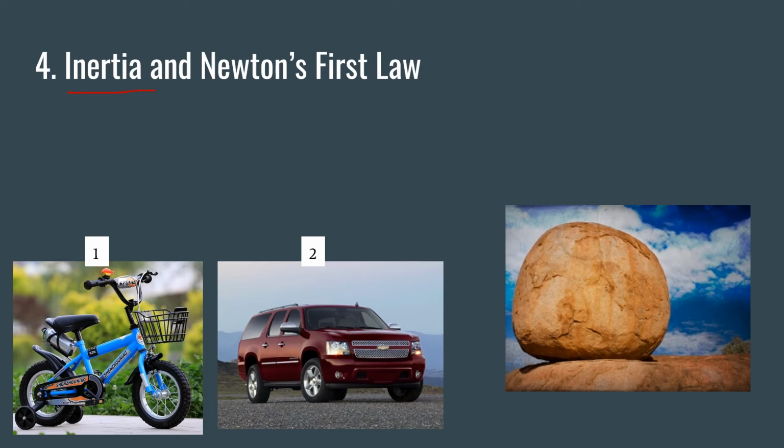When we add 5 Newton force on the second picture, which is the car, it is not moving. But when we put the same amount of force on picture number 1, which is the bicycle, it is moving. Why? Because inertia in picture 1, the bicycle, is less than inertia of the car. That's why you can move the bicycle more easily than the car.